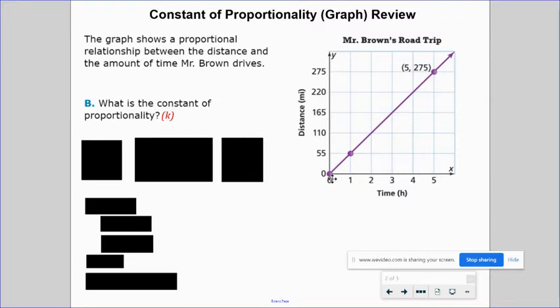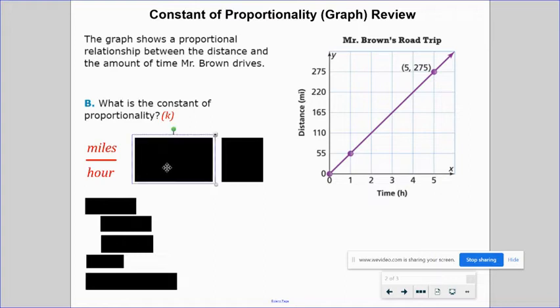So would it make sense to write it as hours per mile or miles per hour? Well, we know that the miles depends on hours, and to find the unit rate, we're going to represent all of our relationships as miles per hour, where miles is in the numerator and hours are in the denominator.